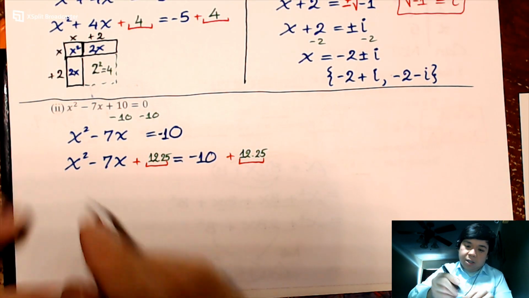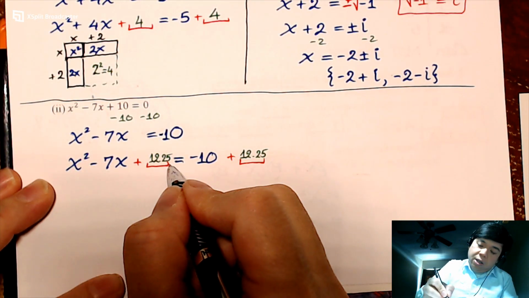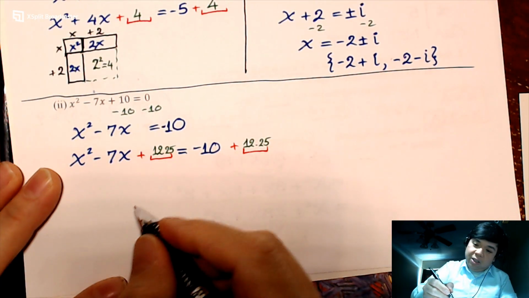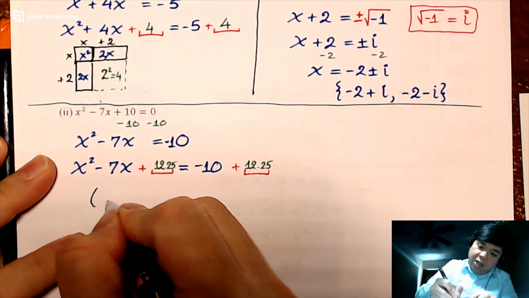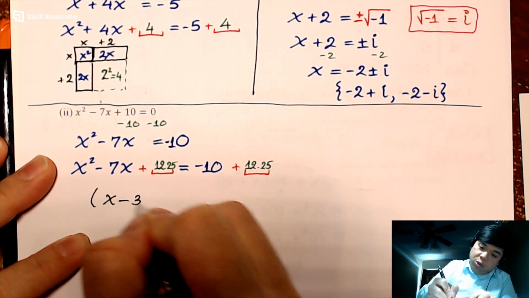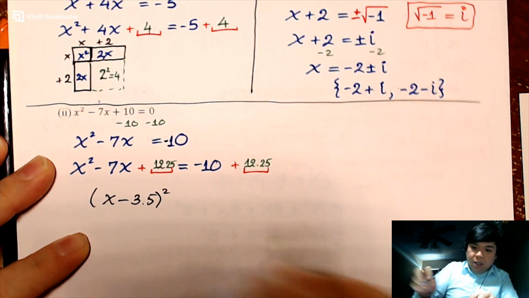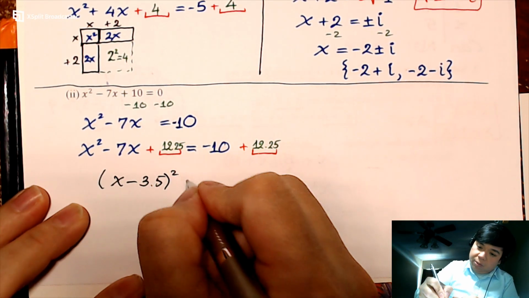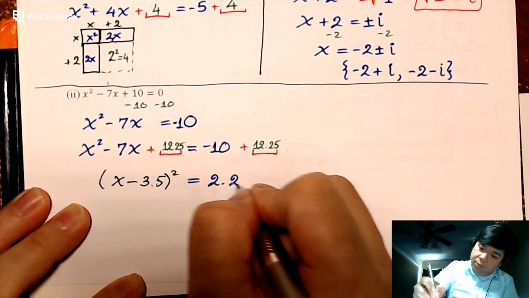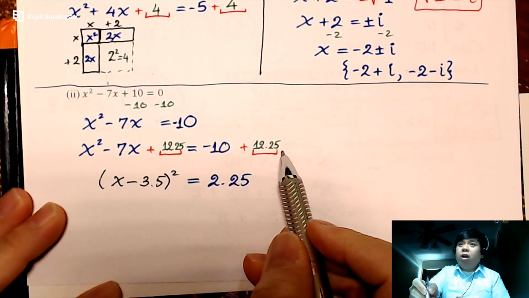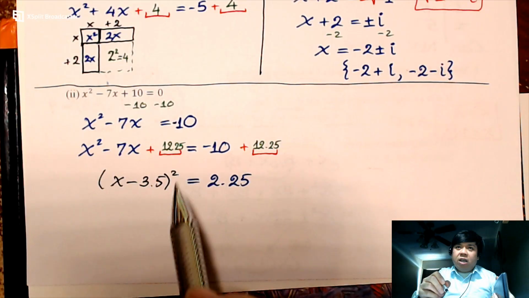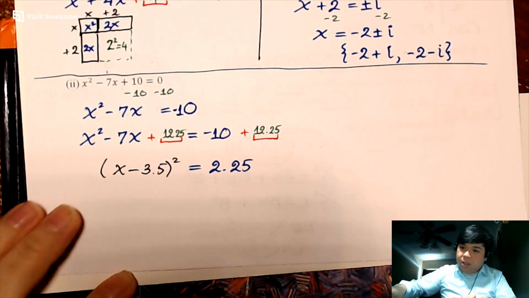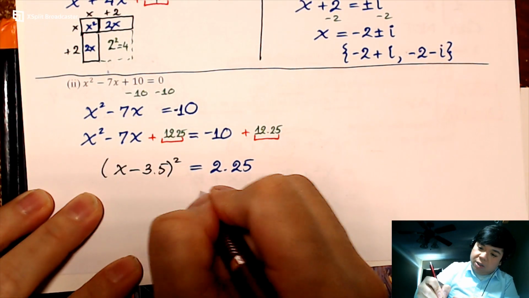And now we have x minus 3.5. We do like we did earlier. The left hand side turns into x minus 3.5 squared, and the right hand side gives us 2.25, which is 12.25 minus 10. And to undo the square, that will be plus or minus.